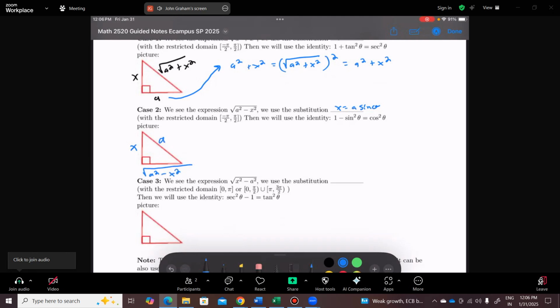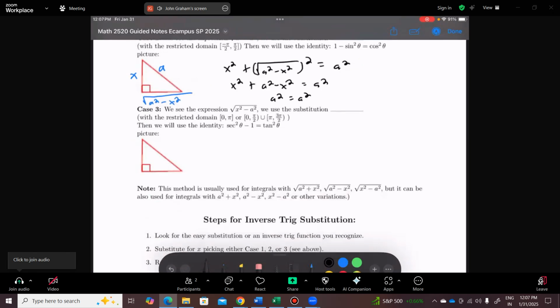So if we do x squared for the first leg plus the square root of a squared minus x squared, squared, that's your second leg, equals a squared. This side will work out to a squared. So we take the square root. You have a squared minus x squared plus x squared equals a squared, and then a squared equals a squared. And then the third one, x equals a secant theta.